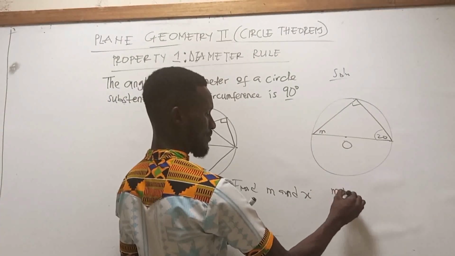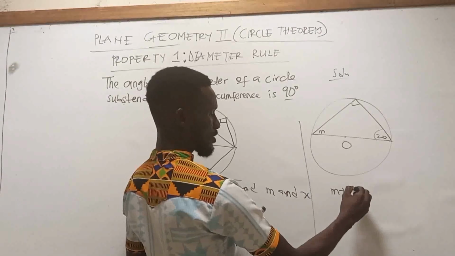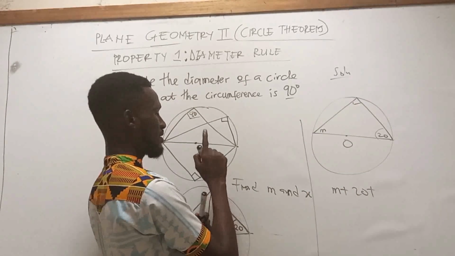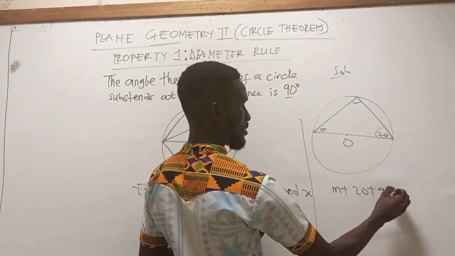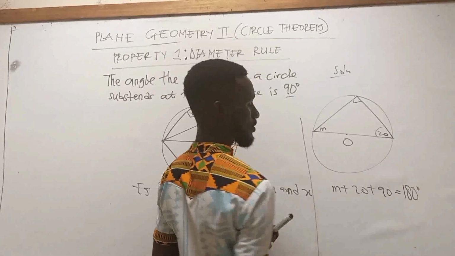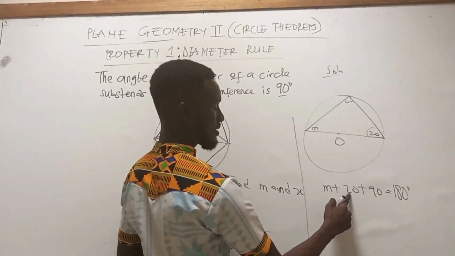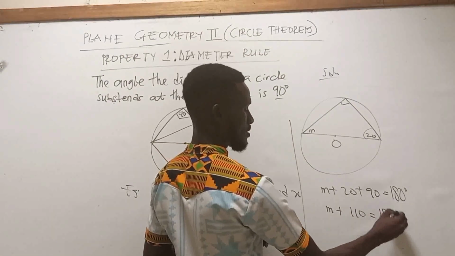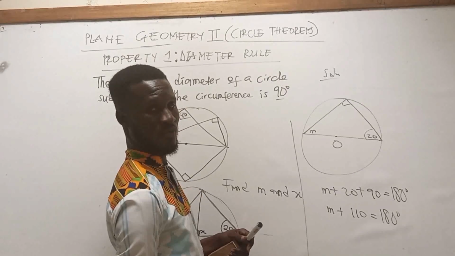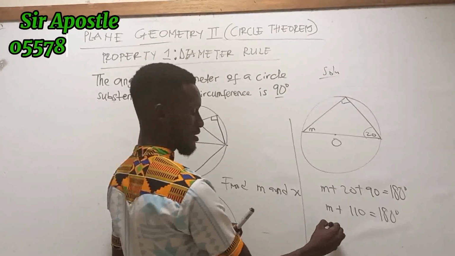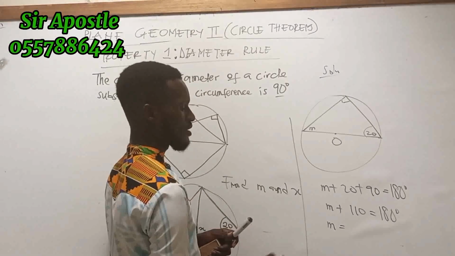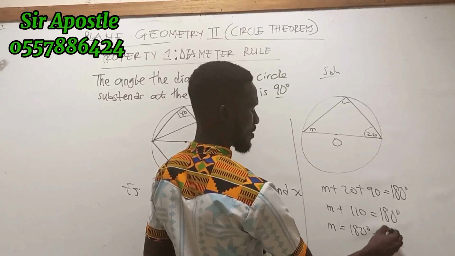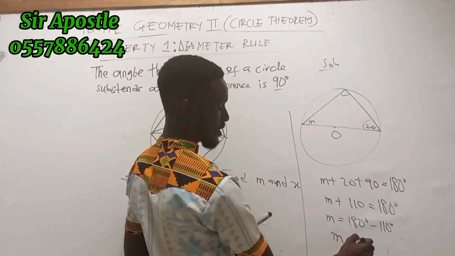M plus 20 plus 90 per the diameter rule, to give us 180 degrees. So M plus 90 plus 20, which is 110, equals 180 degrees. We are looking for M, so we can subtract 110 from both sides, 180 minus 110. So what will be M? 70 degrees.